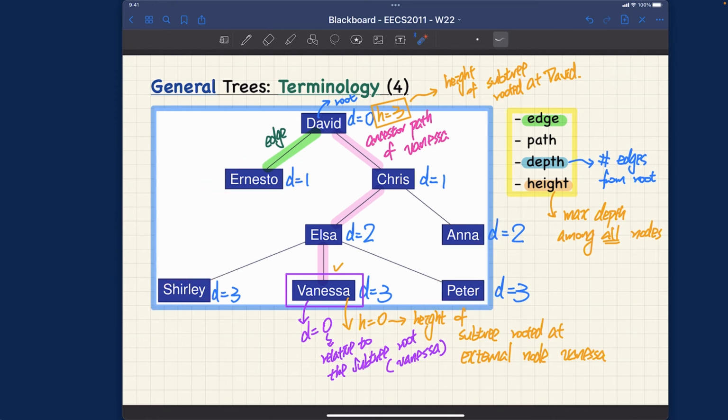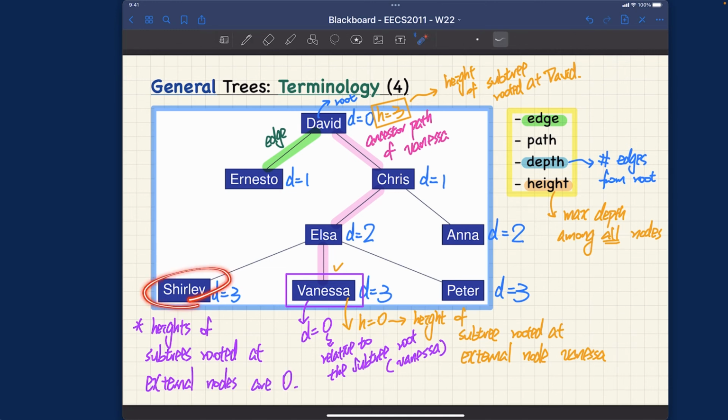Right? Let me write it down over here. It's a very important conclusion, an observation we can make. So heights of subtrees rooted at external nodes are simply just 0, because in that case you only have the node itself, in which case its depth relative to itself will just be 0.